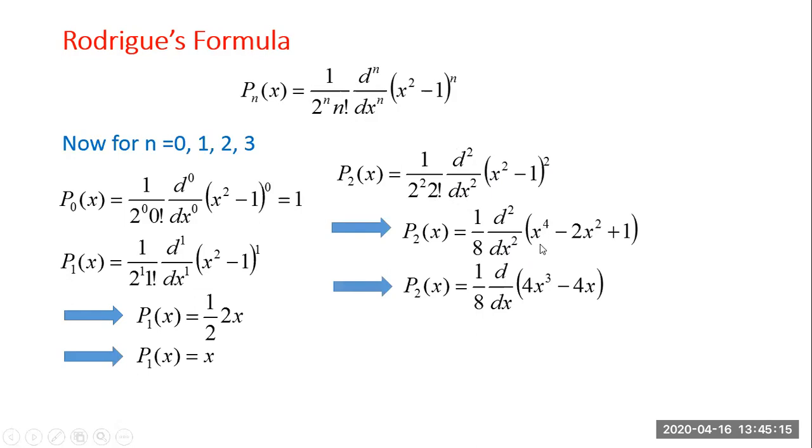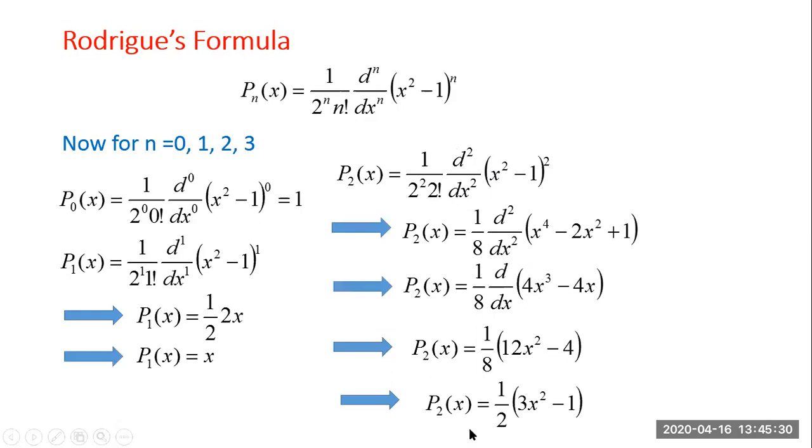The first derivative is 4x cube minus 4x, derivative of 1 is 0. Differentiate again, we get the derivative of 4x cube is 12x square, minus 4. Here 4 is common, take it outside, cancel with this 8. We get P2 of x is equal to 1 by 2 (3x square minus 1). Earlier also by selecting proper a0, we got P2 of x is 1 by 2 (3x square minus 1). Here you can get directly the value of P2 of x.